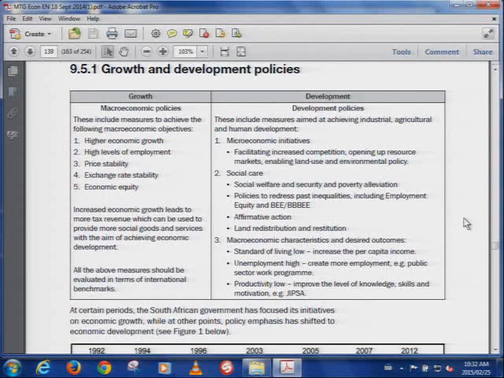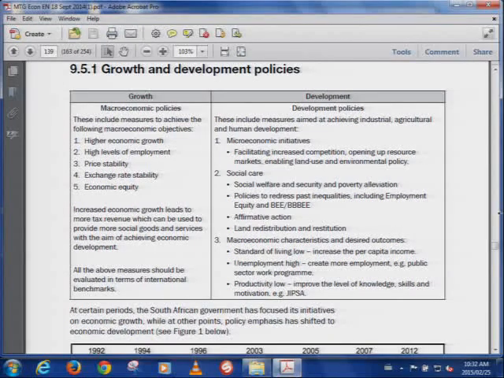Macroeconomic characteristics: as the standard of living is low, we increase the per capita income. Unemployment is high, so we create more employment, for example by implementing programs such as the public works program or the expanded public works program.